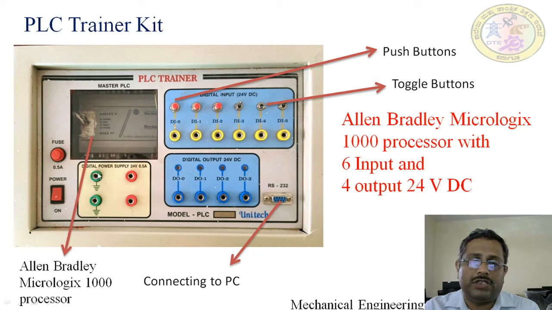This is the connector which is used to connect the PC with an RS-232 cable. These are the push buttons or toggle buttons provided to operate the inputs, and these are the outputs, and these outputs are connected to indicators.